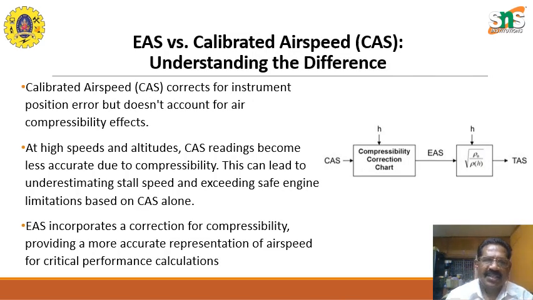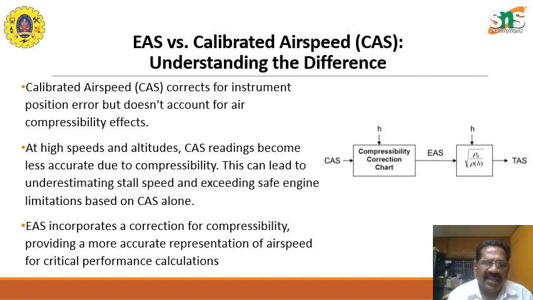The calibrated airspeed corrects for instrument position but doesn't account for air compressibility effects. At high speeds and altitudes, readings become less accurate due to compressibility. This can lead to underestimating stall speed and exceeding safe engine limitations based on the calibrated airspeed alone.